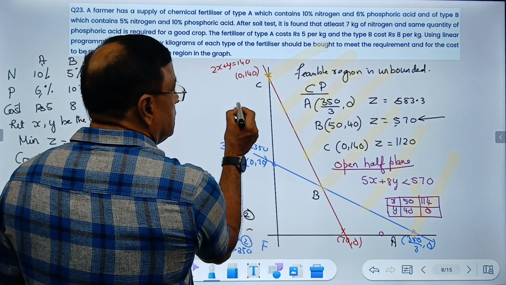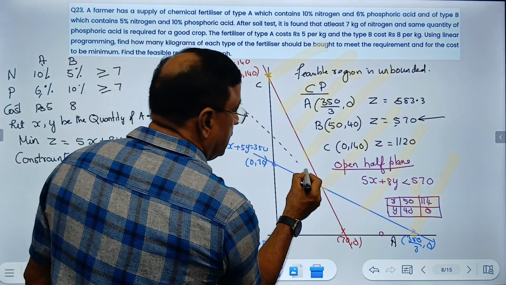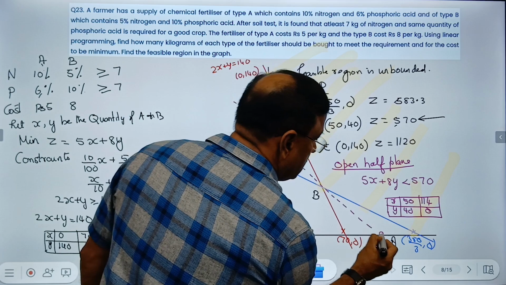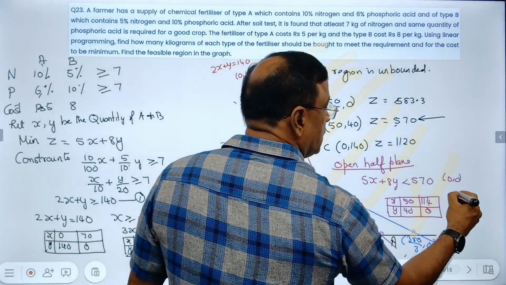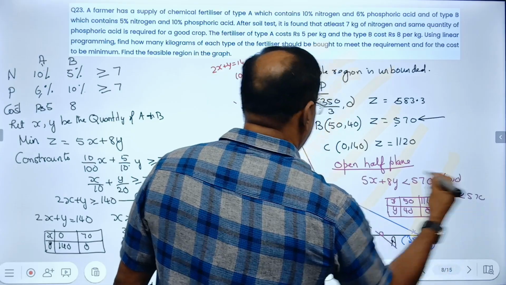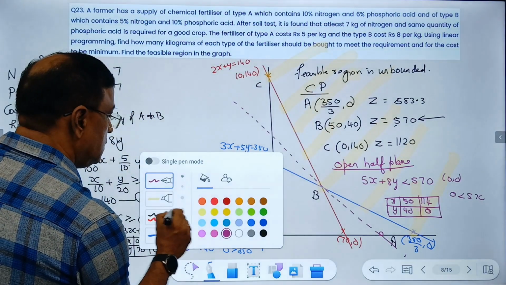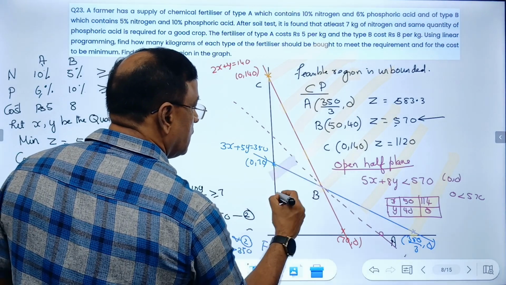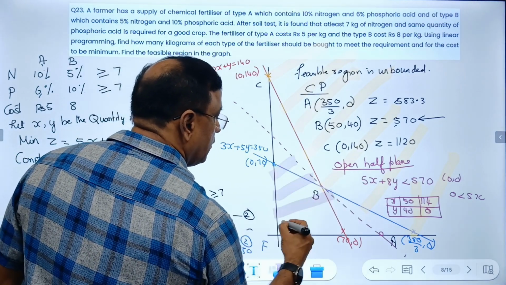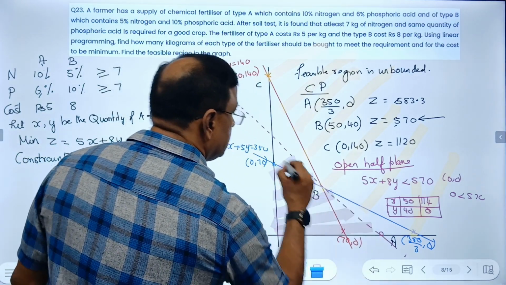So this is a dotted line, you know it now, right? And if you substitute origin, what happens? You get 0 less than 570, so it is towards origin. This is your open half plane.